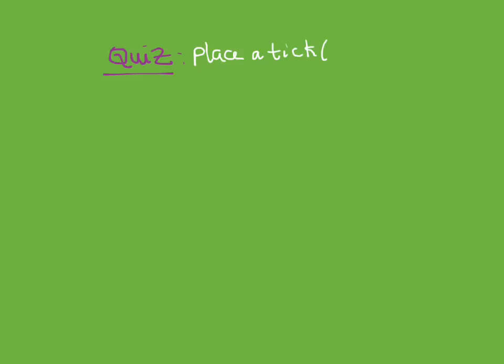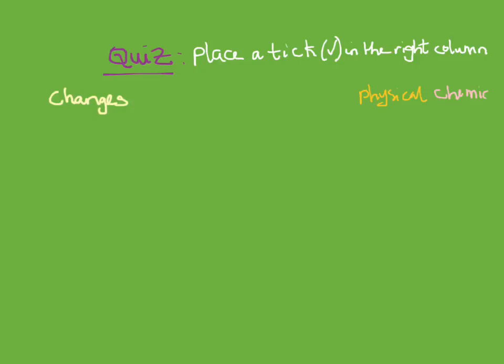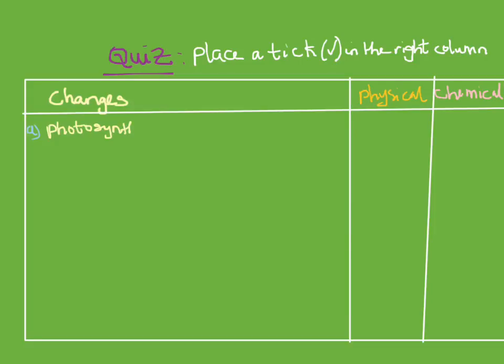You will now do this quiz in order to evaluate your understanding of physical and chemical changes. You are required to place a tick in the right column. You have been provided with different changes.